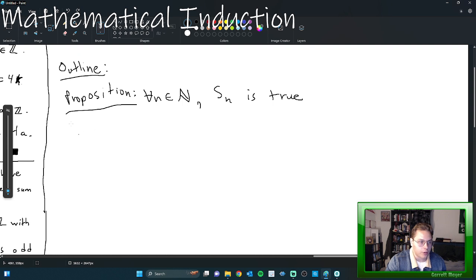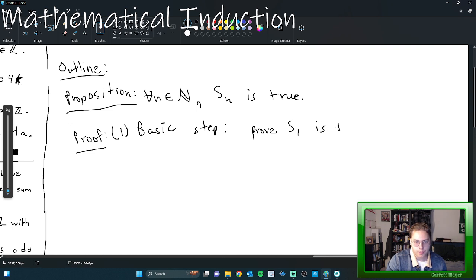So a proof works through this methodology. Step 1 is our basic step, in which we prove S1 is true.